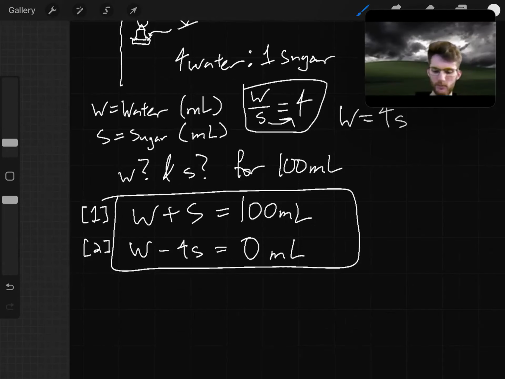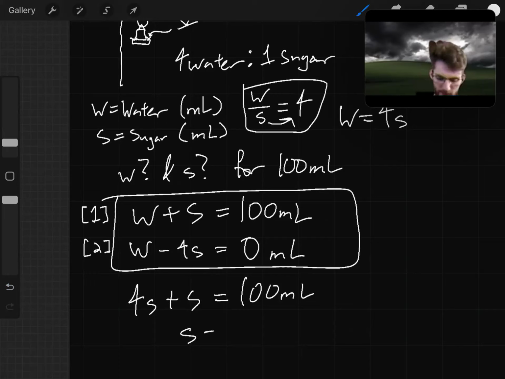I'm going to make sure that all W's are equal to 4S. So I'm going to write W, which is actually 4S, plus S equals 100 milliliters. That is equal to 5S equals 100 milliliters, divide both sides by 5, and now S equals 20 milliliters.